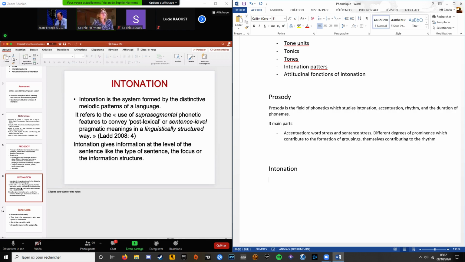And if I take Ladd's definition, he says that intonation refers to the use of suprasegmental phonetic features to convey post-lexical or sentence-level pragmatic meanings in a linguistically structured way. Okay?